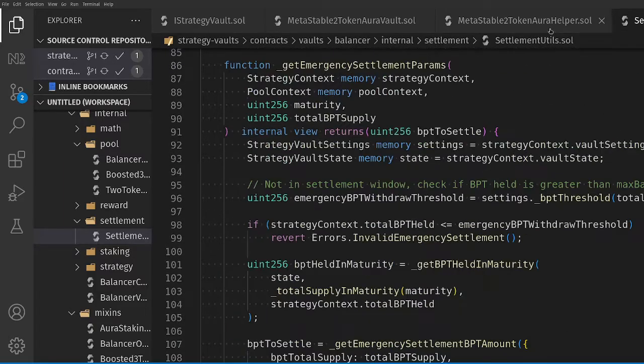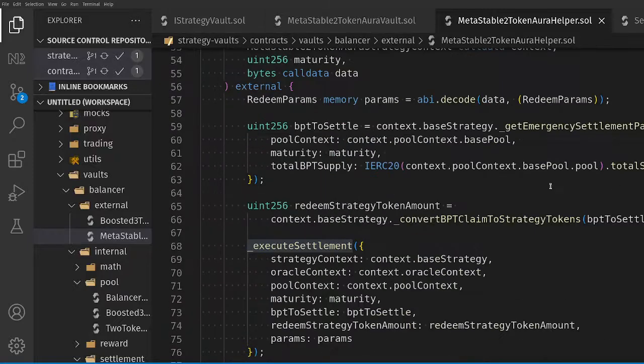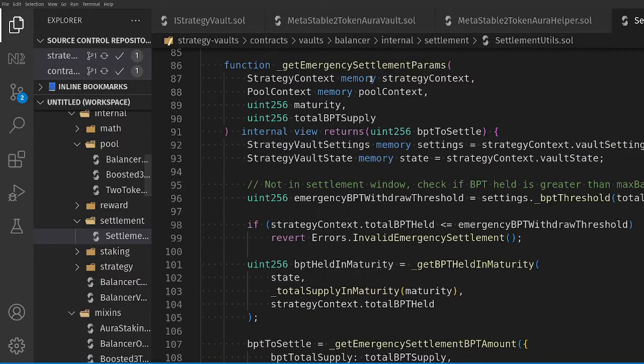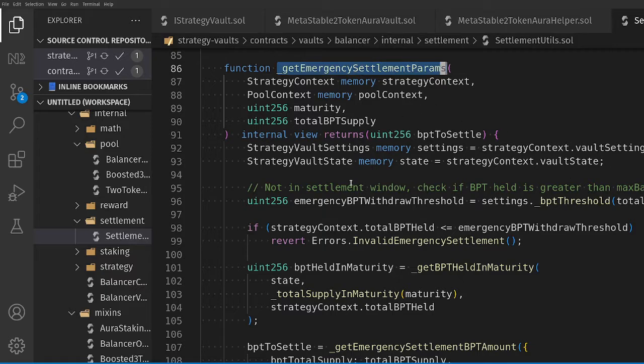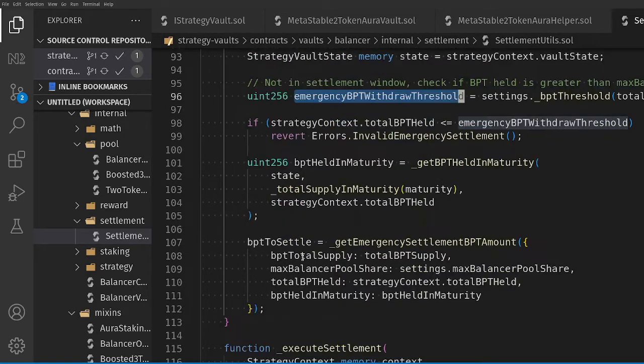So that is settle vault. In settle vault emergency, we'll see that there are some emergency settlement parameters which essentially authenticate the withdraw thresholds, and then calculate what share of the balancer pool tokens we would need to settle to get under that threshold.